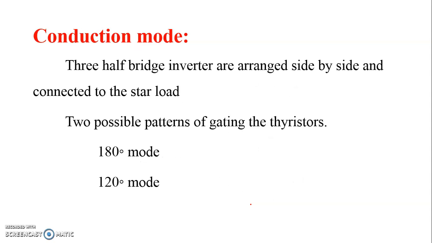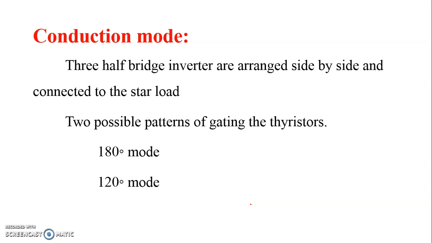Next is the conduction mode of the three-phase inverter. Here the 3 half-bridge inverters are arranged side by side and connected to the star load. Here we have 2 possible patterns of gating the thyristors. One is the 180 degree mode of conduction and another one is the 120 degree mode of conduction.